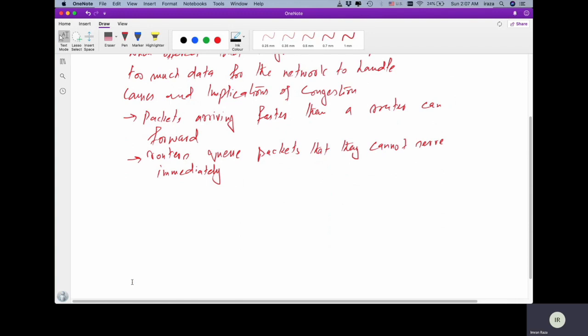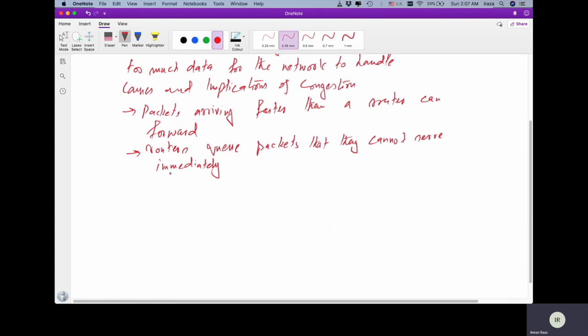But what's the problem in doing so? There is a possibility that if the queue overflows, packets are dropped. I mean, what if there is no space in a router? If the queue overflows, what will happen? Yes, you're right. Packets are dropped.